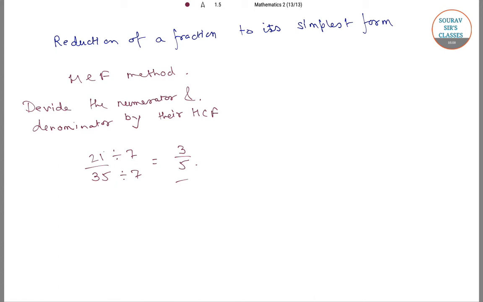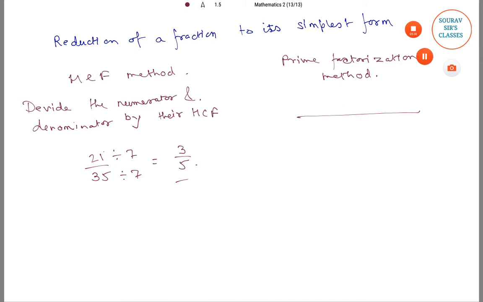Next is prime factorization method. Here we write the numerator and denominator as the product of their prime factors, and then we cancel the common factors.